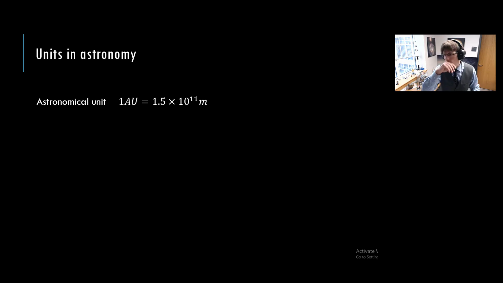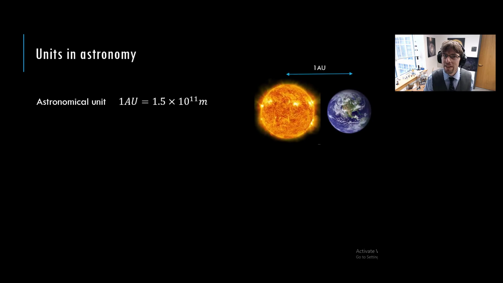Now you might say, Greg, where do we come up with that unit? Why do we come up with that? Much like the other units that we know and love, there's a physical basis historically for the unit. It's the average distance between the sun and the earth. The astronomical unit was chosen specifically for this reason. And it makes numbers when talking about the solar system very nice, not too large.